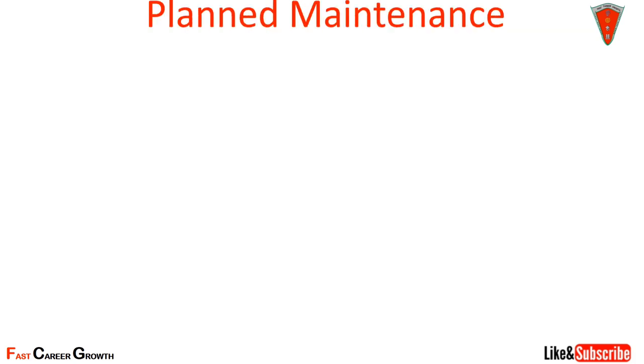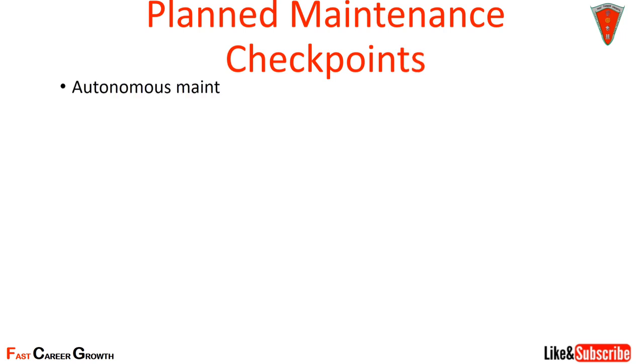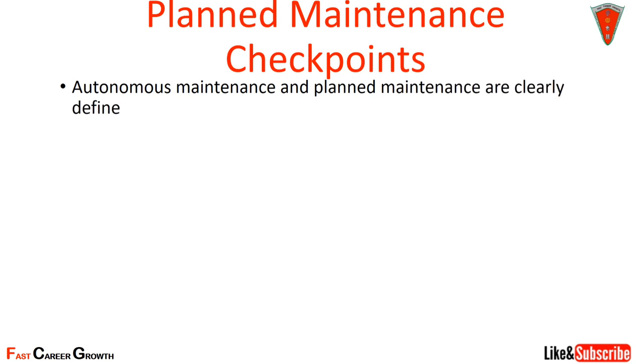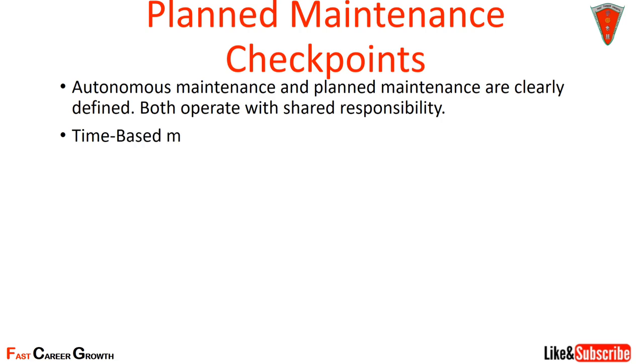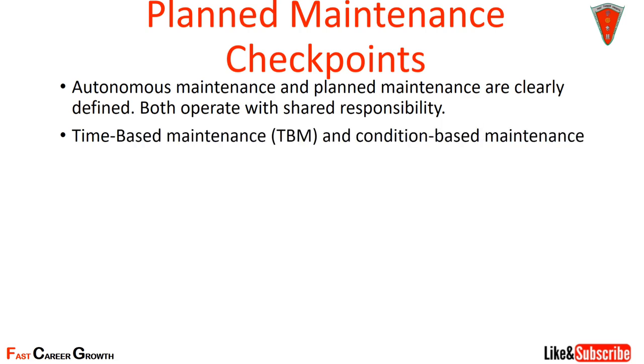So plant maintenance checkpoints: autonomous maintenance and plant maintenance are clearly defined. Both operate with shared responsibility. That means both production and maintenance departments work together. Time-based maintenance, that is TBM, and condition-based maintenance, that is CBM, are being selectively used.